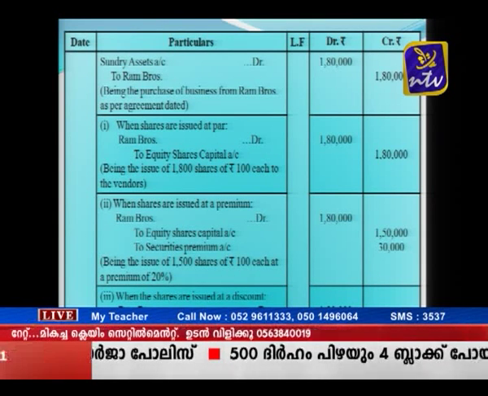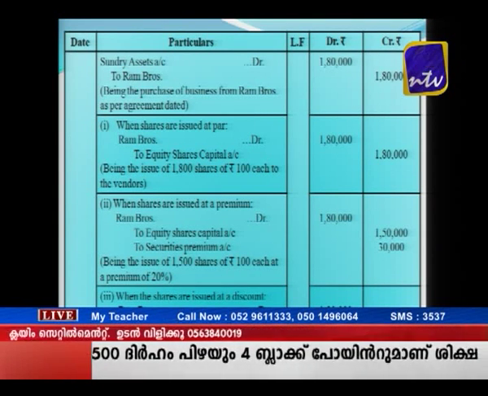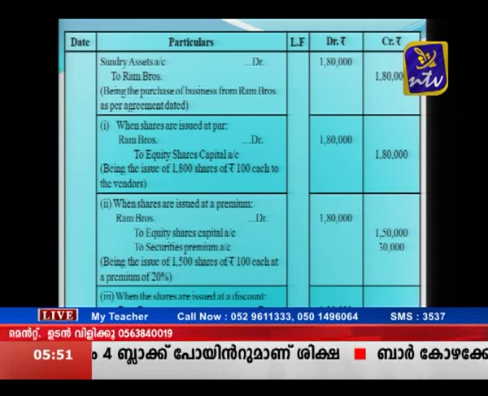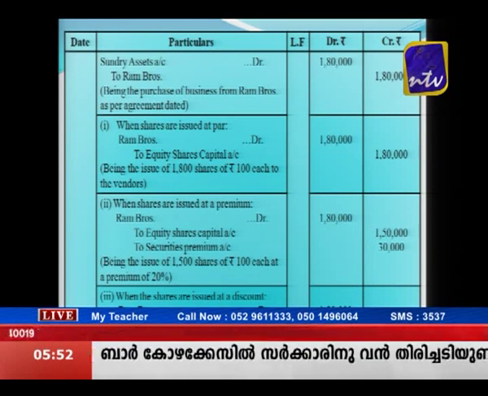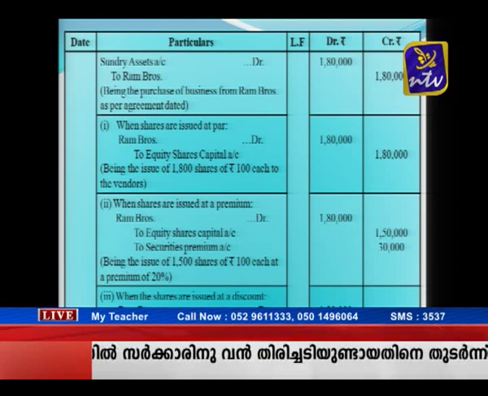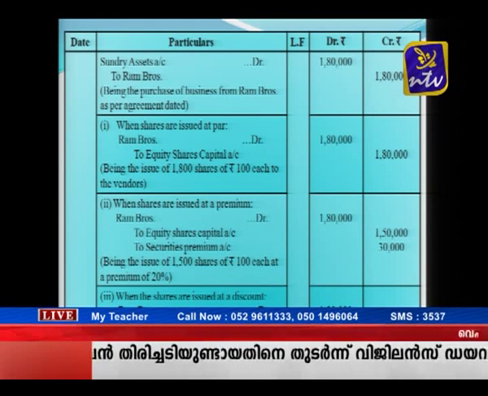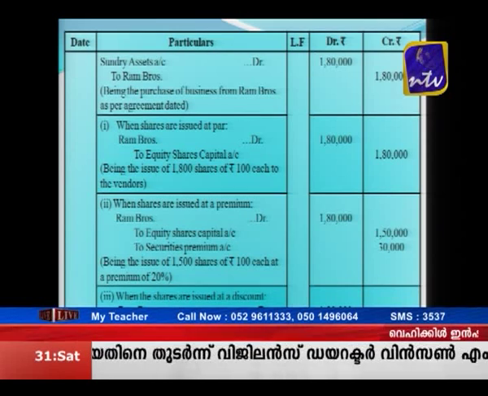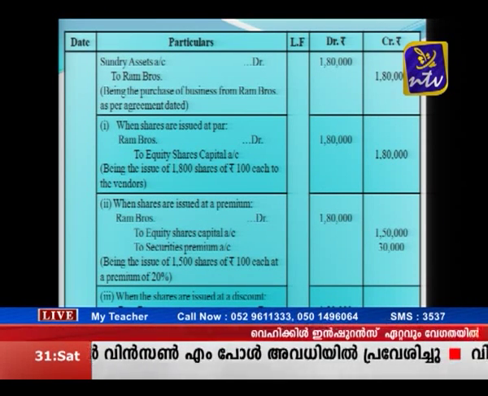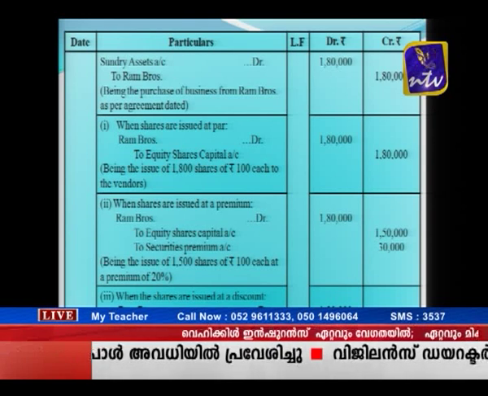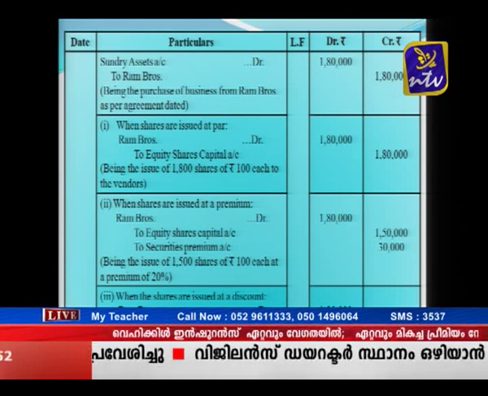The amount is 1,500 into 120, and this is 1,500 into 20, and this is 1,500 into 100. That means the amount is 1,80,000, and share premium is 30,000, and this is 1,50,000.